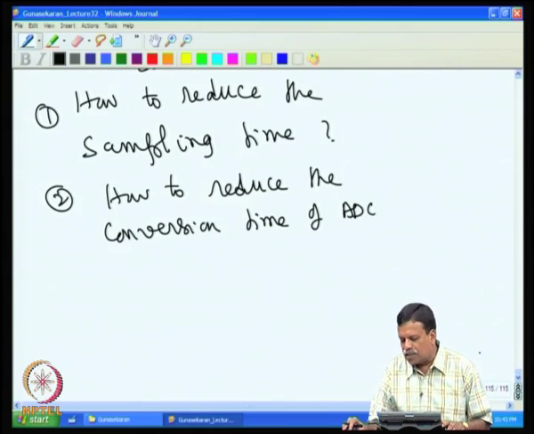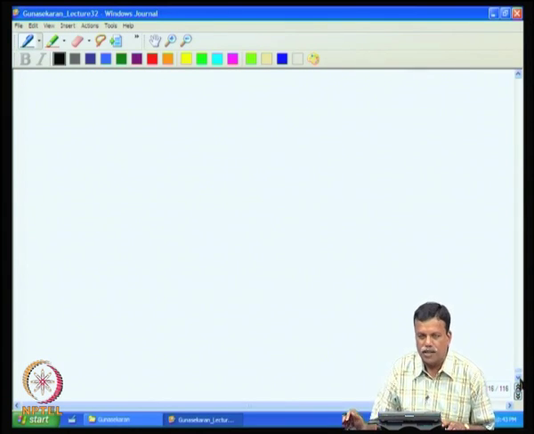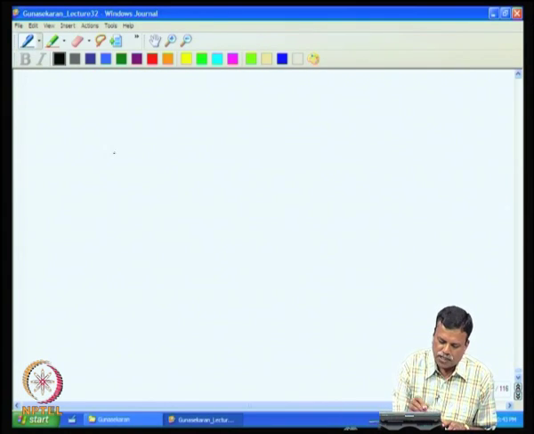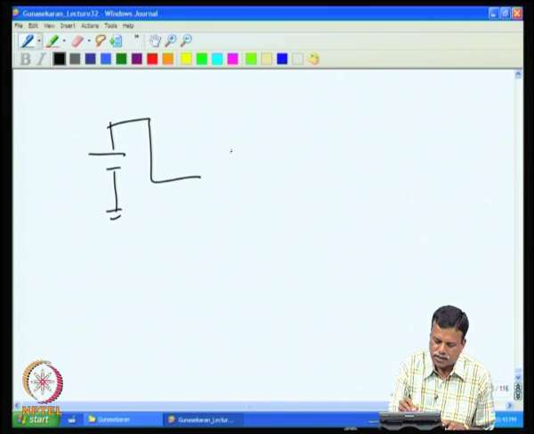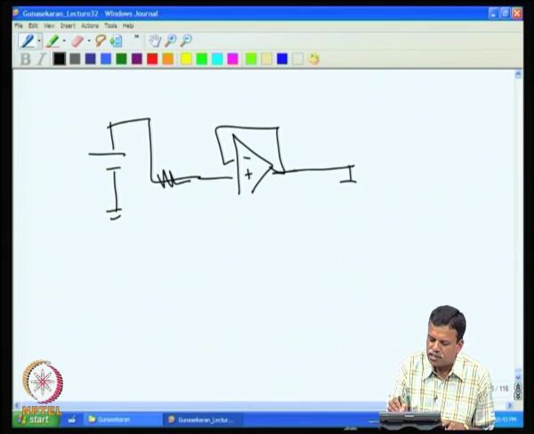Now, sampling time we can reduce by reducing the input resistance. For example, if I want to digitize a voltage, it is better to give the input through a voltage follower, so that the output impedance is very small. So, even if the source resistance is high, the capacitor can be charged very rapidly.